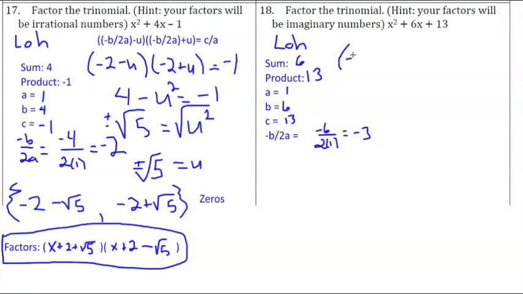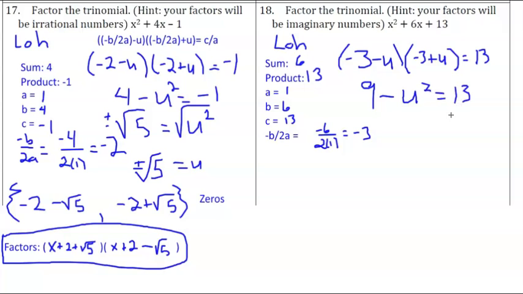Plug it into the formula. You have negative 3 minus u times negative 3 plus u equals c over a, which would just be 13. This is a difference of two squares, so you have 9 minus u squared equals 13. Move all the constants to one side, all the variables to the other.